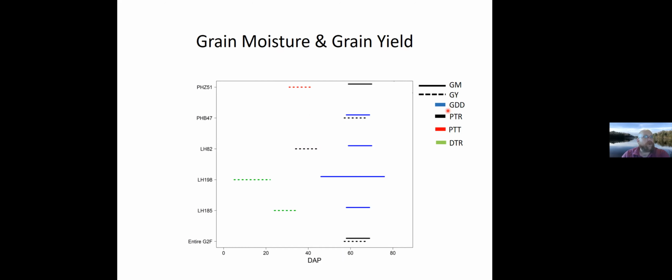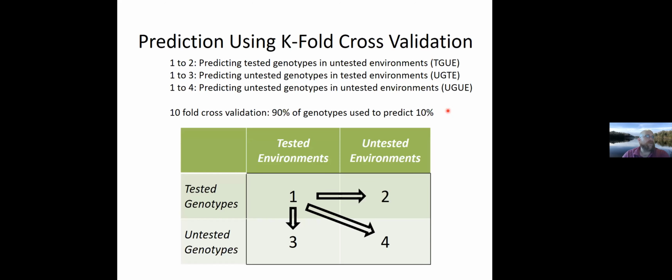I think some of you have probably seen this slide, reviewing the prediction scenarios that we employed. We could say that 1 to 2 is predicting tested genotypes in untested environments. I prefer to call that TGUE instead of 1 to 2, but I believe every slide has it written both ways. 1 to 3 is predicting untested genotypes in tested environments, UGTE, and 1 to 4 is predicting untested genotypes in untested environments, UGUE.